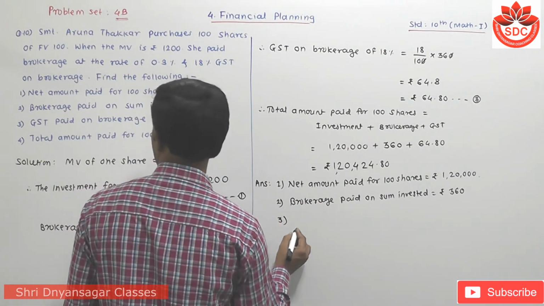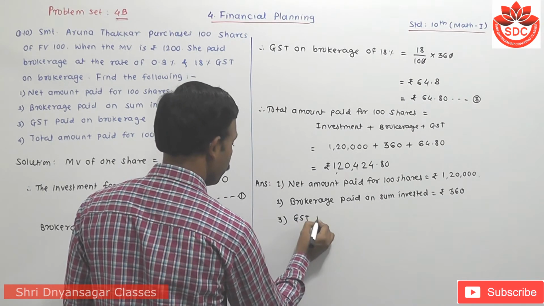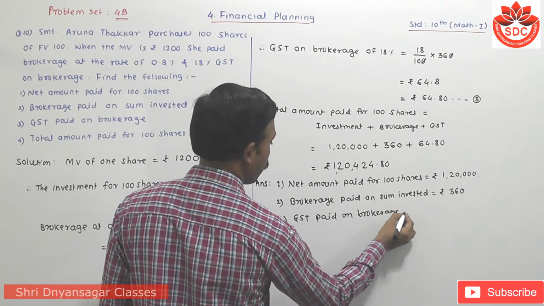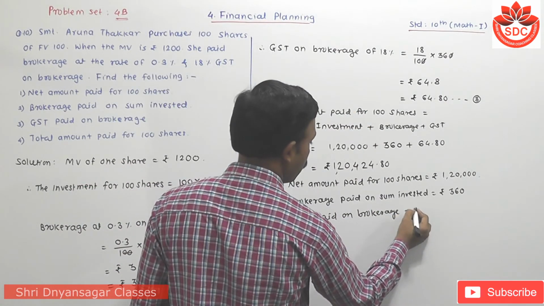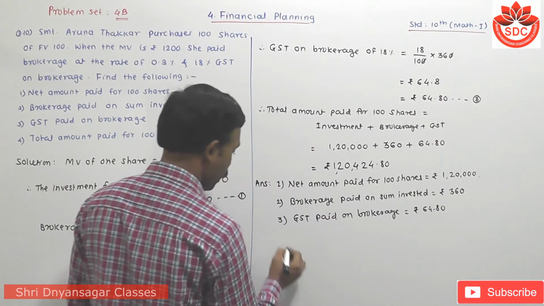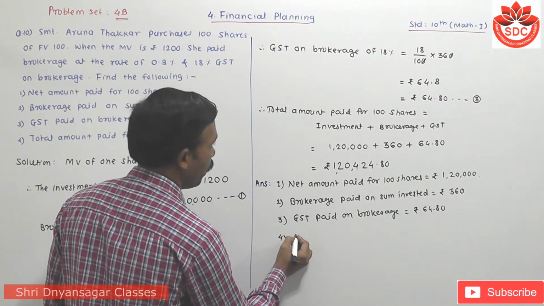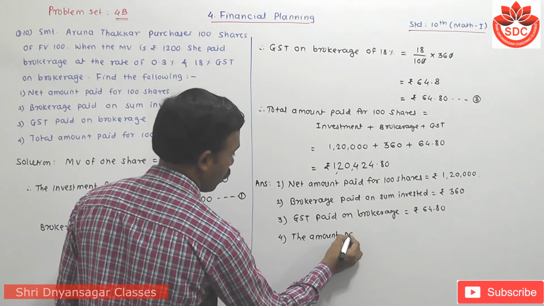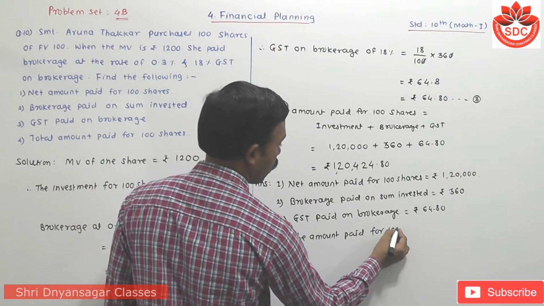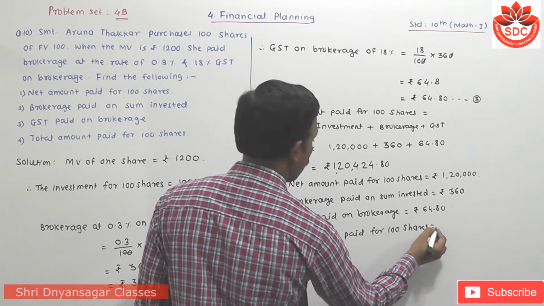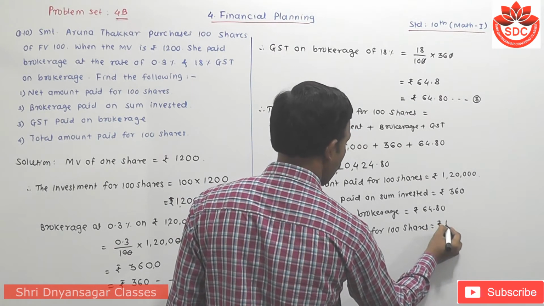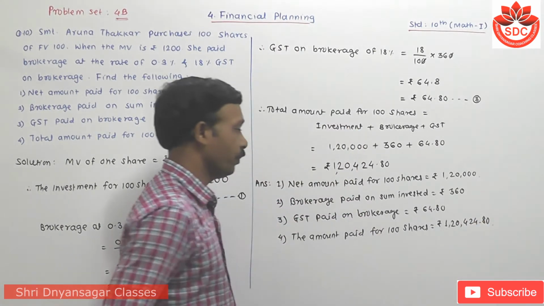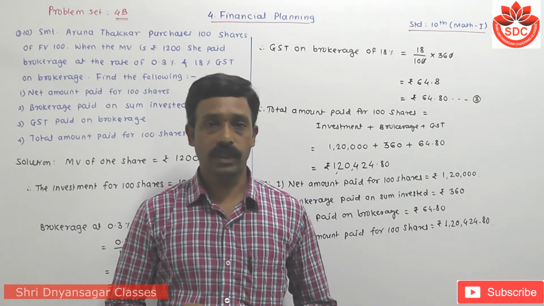Third one is GST paid on brokerage. The GST is rupees how much? 64.80. And last point is the amount paid for 100 shares is equal to rupees 1,20,424.8.